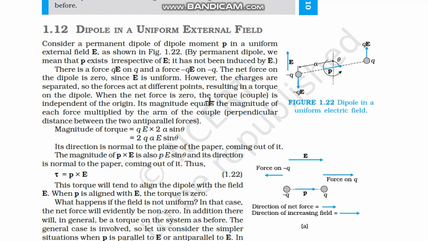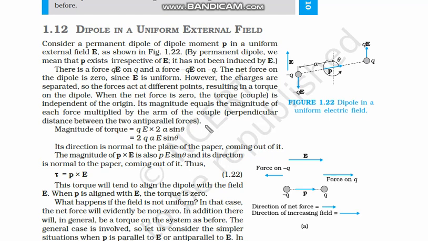When the net force is 0, the torque of the couple is independent of origin. That means if the origin is here or here, we don't care where the origin is. Its magnitude equals the magnitude of each force multiplied by the arm of the couple, the perpendicular distance between the two anti-parallel forces.